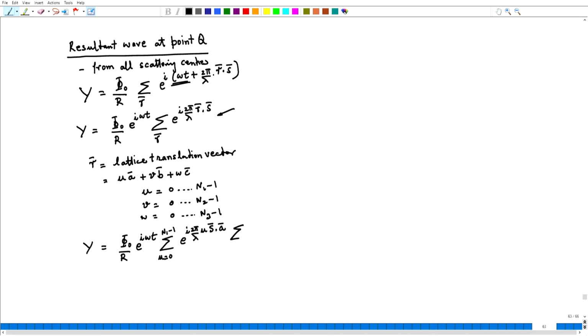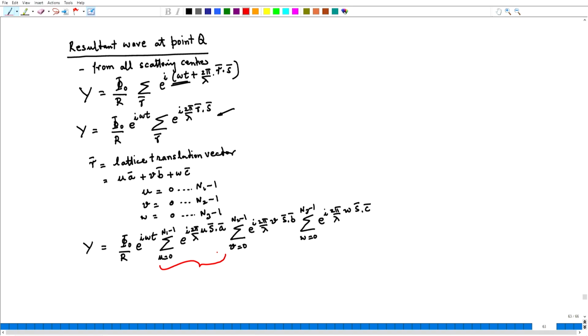The second summation would be over v, v equals 0 to n2 minus 1, e to power i 2 pi upon lambda v times the dot product s dot b, and w equals 0 to n3 minus 1, e to power i 2 pi upon lambda w times s dot c. Now, let us just take a look at the first summation, because these summations are very similar.